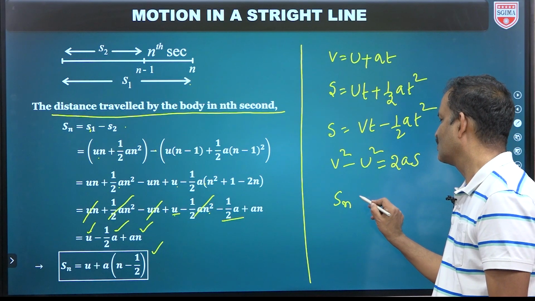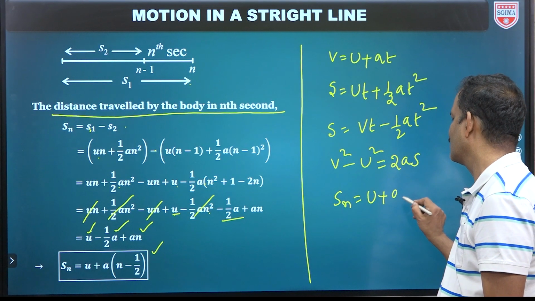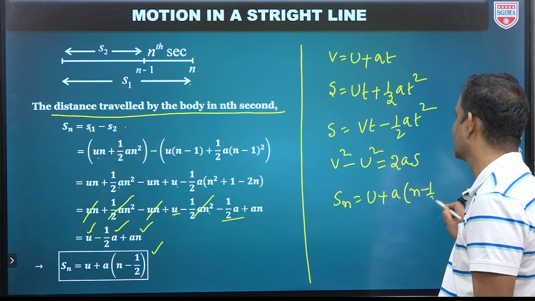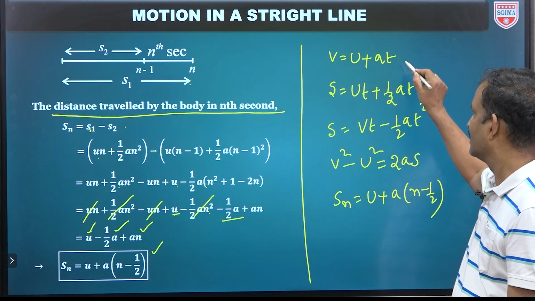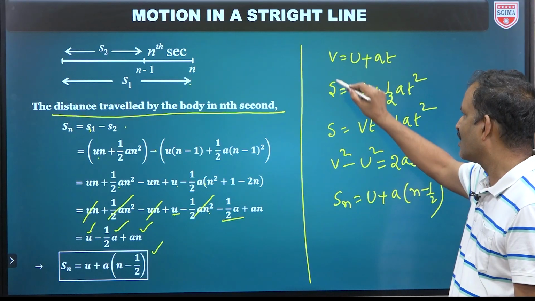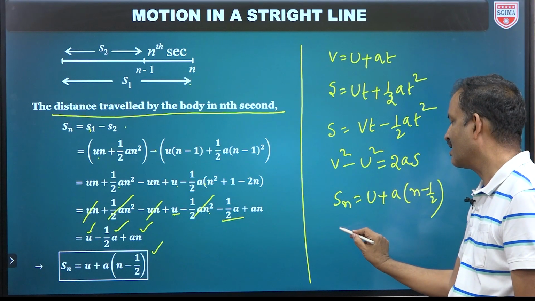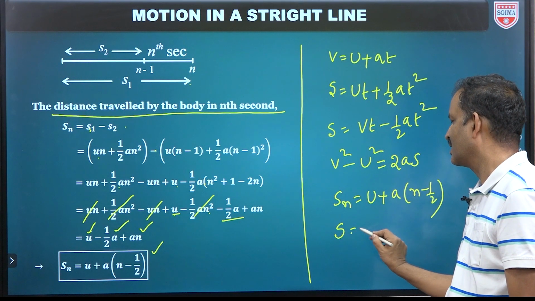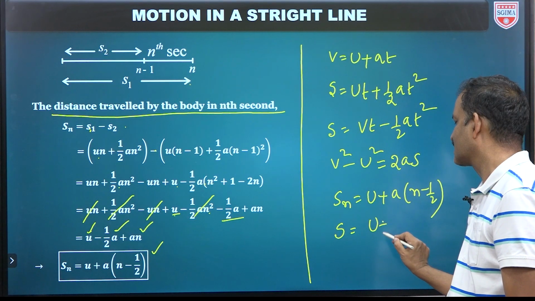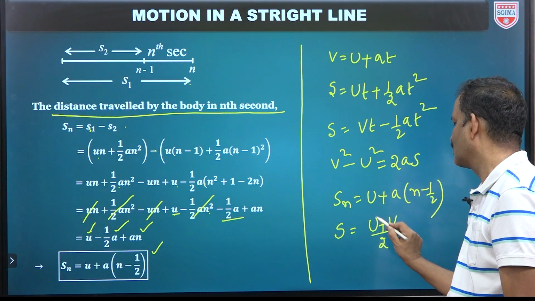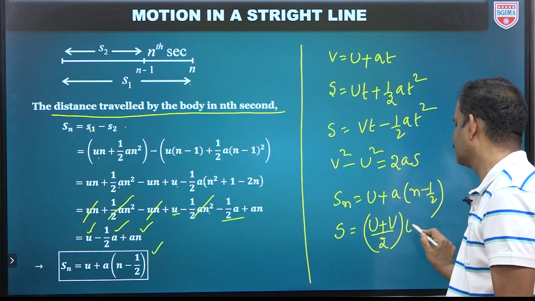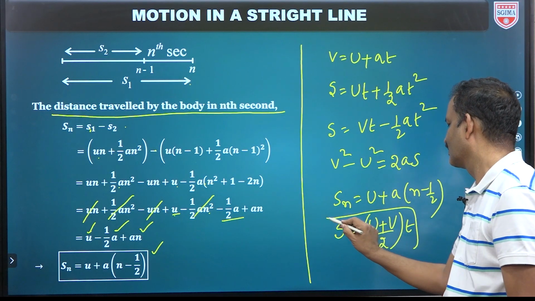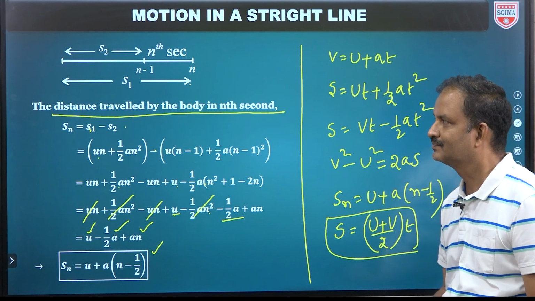And Sn is equal to u plus a into (n minus half). But these are all derived from displacement equals (u plus v) by 2 into t, the average velocity.